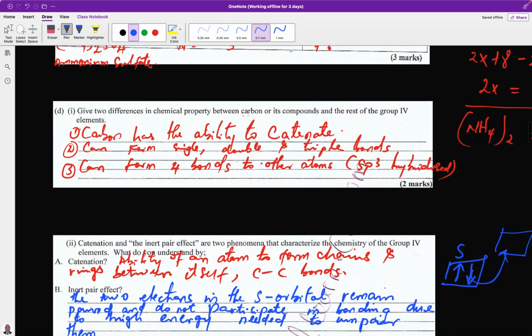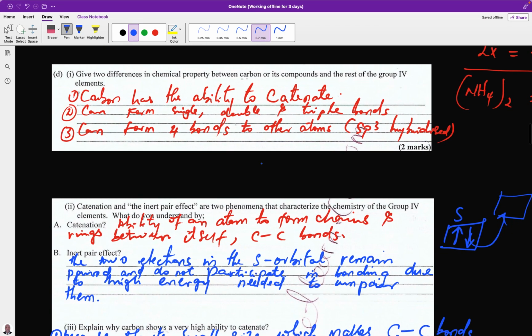Then, now, what do you understand by catenation? I said catenation is the ability of an atom to form chains and rings between itself. I will give you an example of carbon-carbon bonds, in aliphatic compounds, and in aromatic compounds, like in benzene.